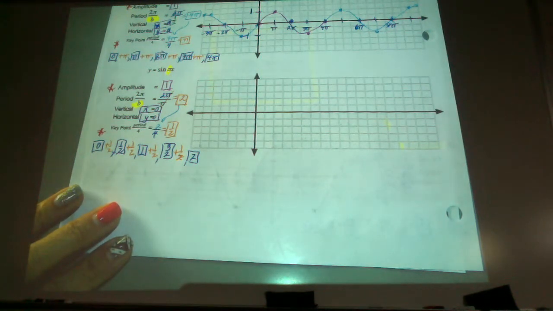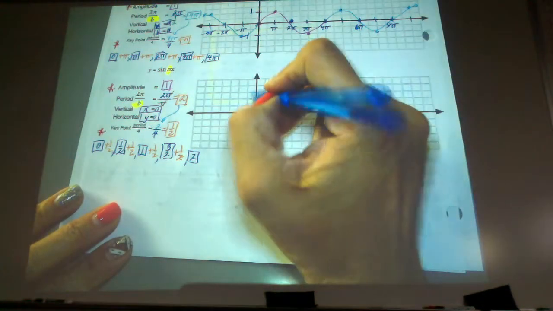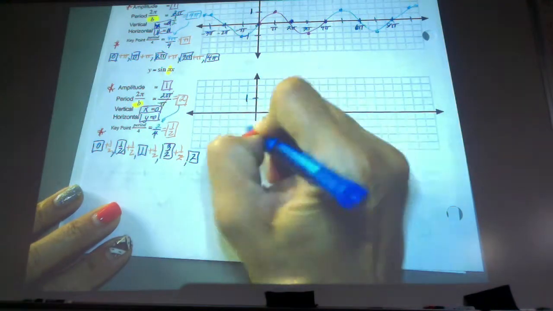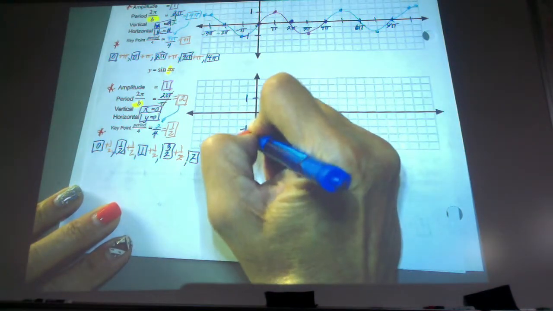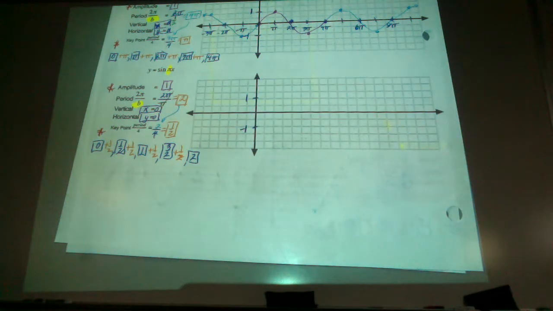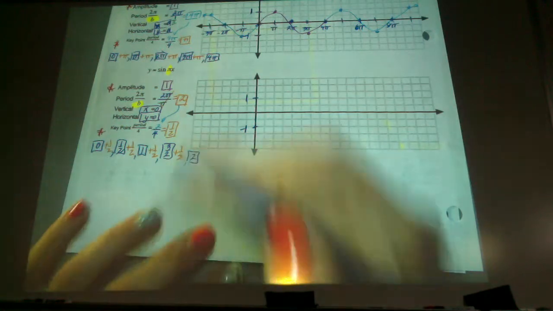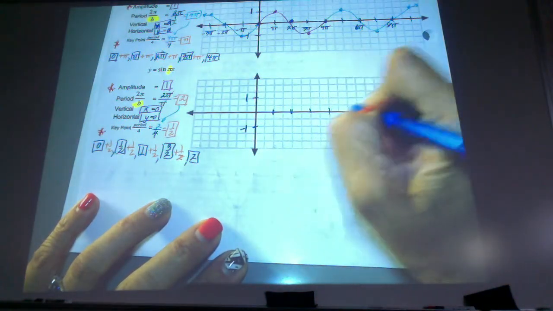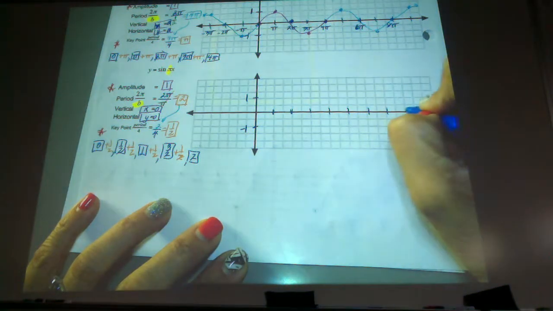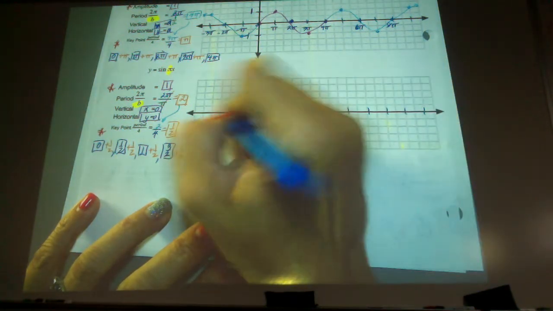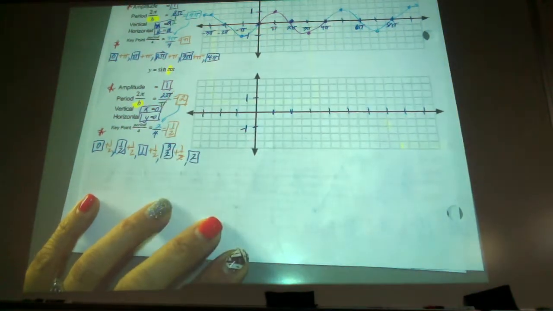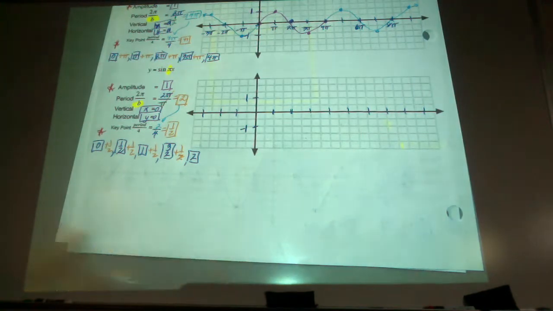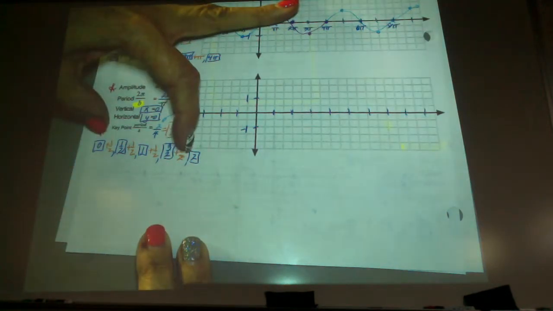So again, you can choose, but I choose to go by halves on the vertical scale and make this 1 so that I have room to write. If I go by 1s, when I label my x-axis, my labeling gets in the way of the graph. And on the x-axis, I'm going to go every other grid line. And then you want to label one full period.